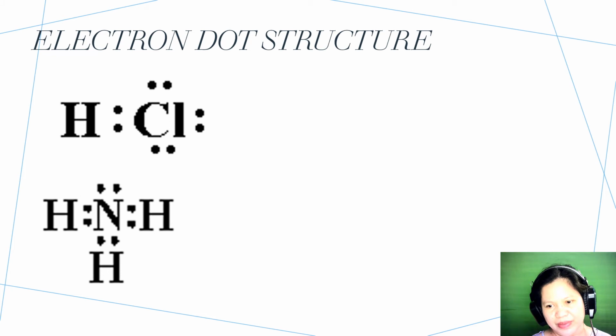NH3. That's nitrogen. Nitrogen has 7 electrons in the outer shell. 7 ba? No, it's 5. The valence electron of nitrogen is 5 in the outer shell.